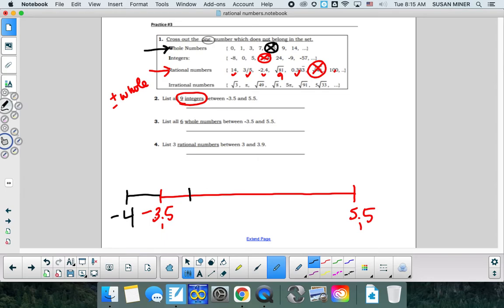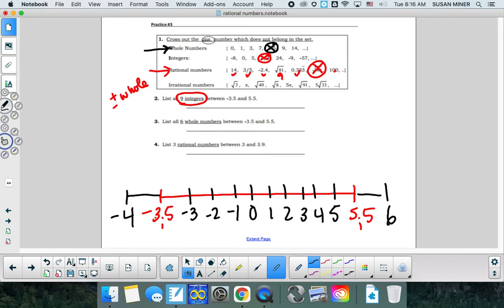So the whole number that would be above negative 3.5 would be negative 3. And then negative 2, and then negative 1, and then 0, and then 1, and 2, and 3, and 4, and 5, and then 6 would be too far. 6 would be past 5.5. So I need 9 integers that are between negative 3.5 and 5.5.